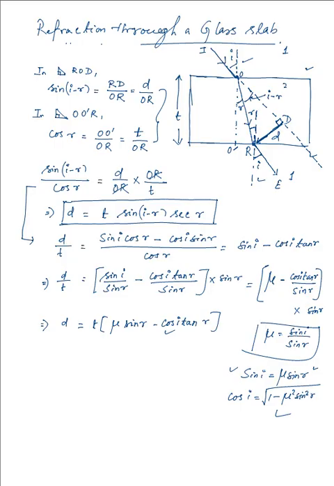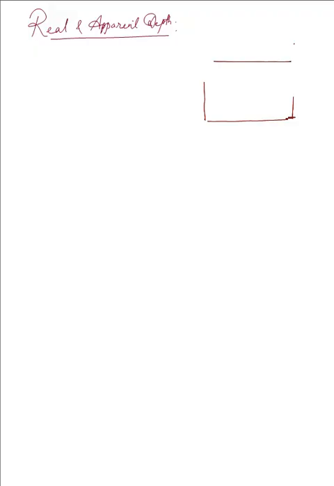Okay, so let's move over to the next part, which deals with the case of real and apparent depth. So here, if we have supposedly a beaker which is having some amount of liquid in it, and then we have placed a coin over here.